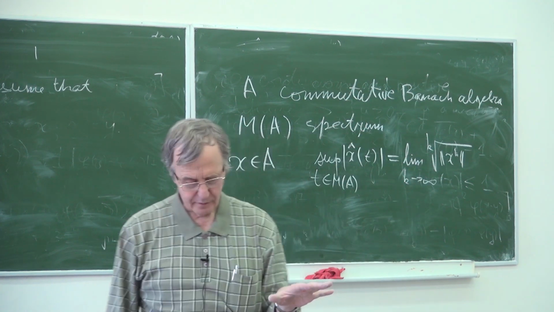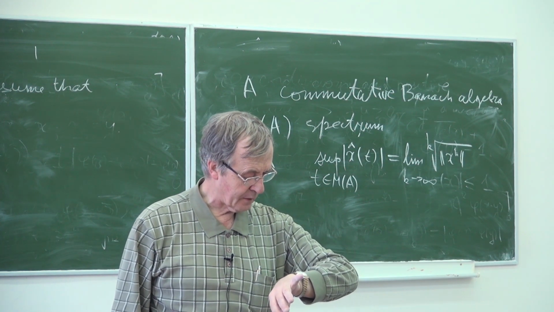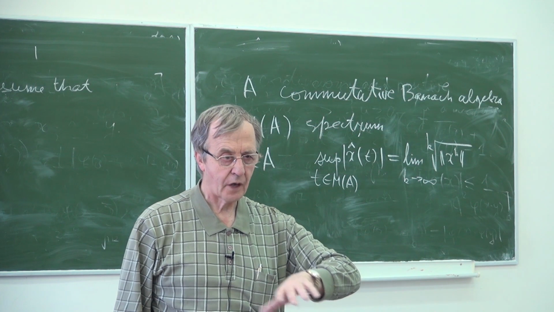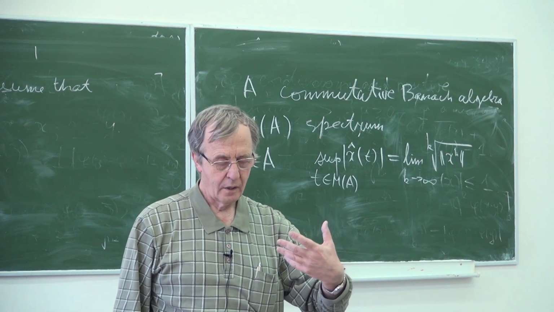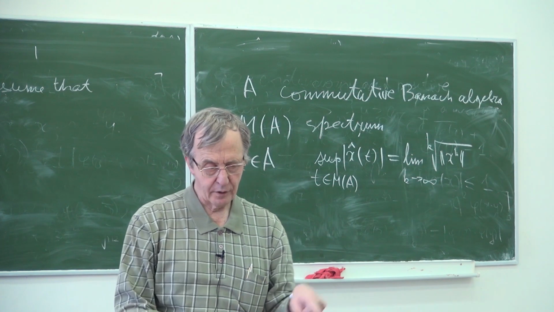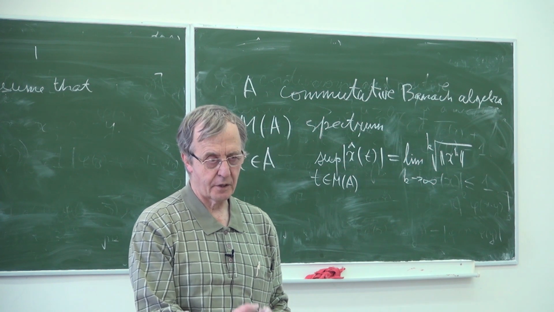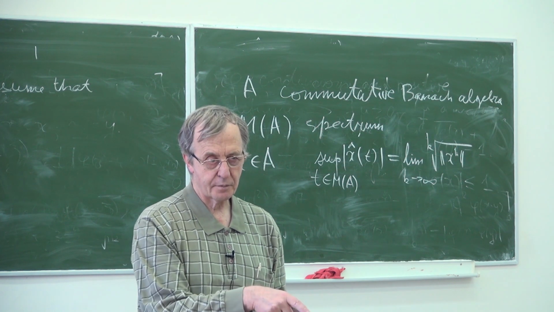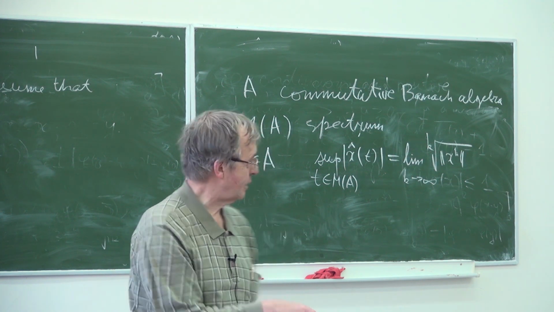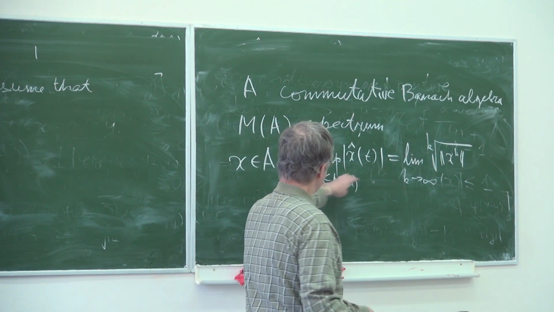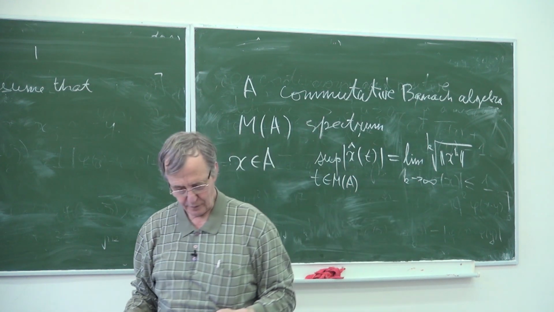Here there is again some difference between algebras that have unity and that have no unity. If our algebra has unity, then the spectral radius is simply the radius of the smallest disk centered at 0 that contains the spectrum of the element x, and then this directly follows from Gelfand's arguments.